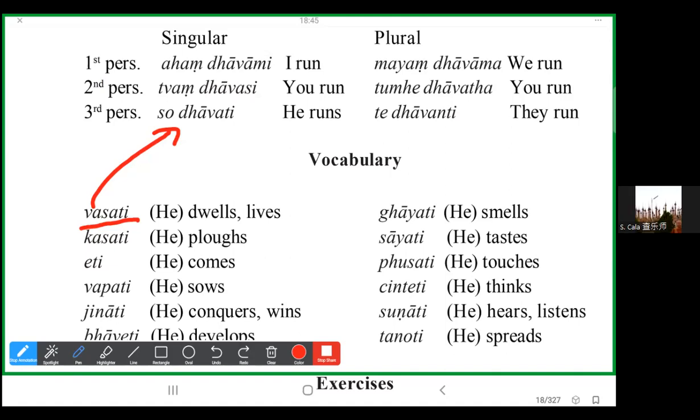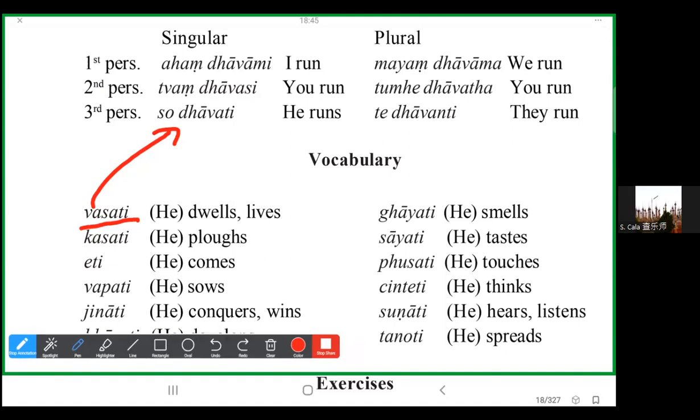Okay, because this wasati does not have the long A, you need to read a little bit faster, not wasati. You read like long A here, so wasati, just read wasati, make it faster, all right? Try again. So, basati, te basanti. Tuam basasi, tumhe basata. Aham basami, mayam basama.